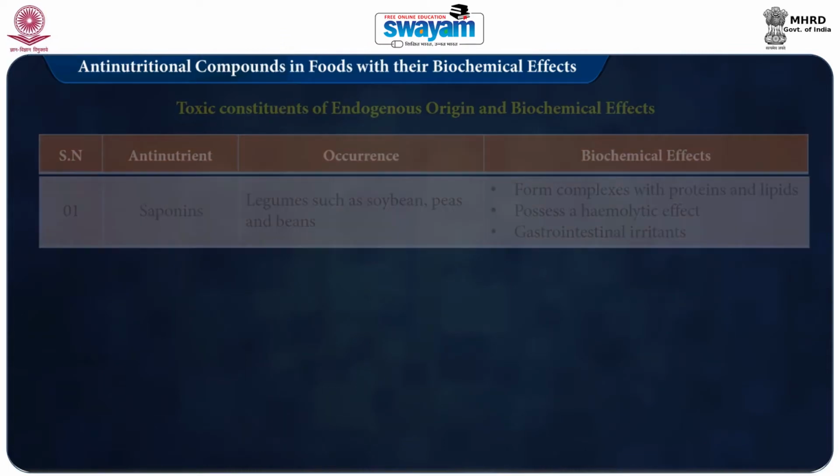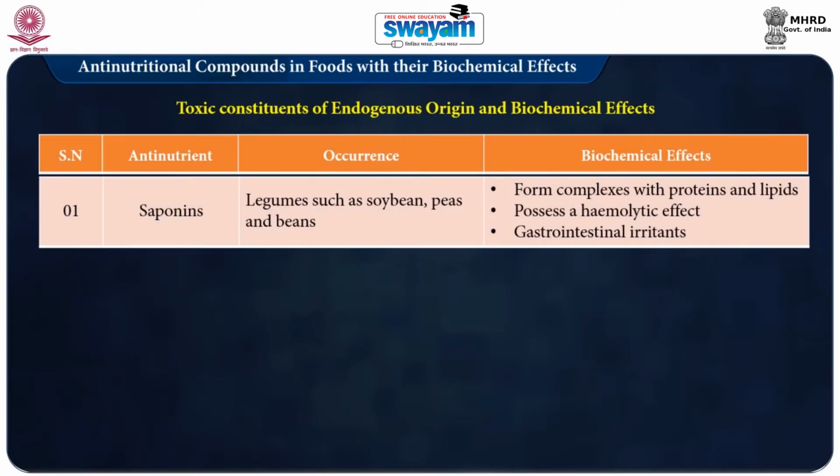Some of the anti-nutritional compounds in food with their biochemical effects are summarized in the following table 1. Let us now see the different anti-nutrients, their occurrence and biochemical effects.